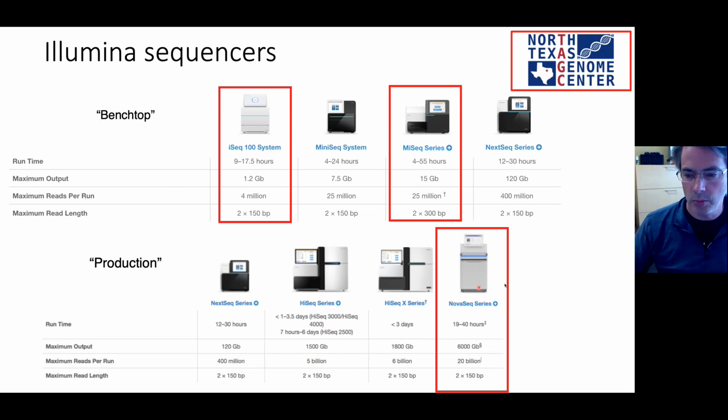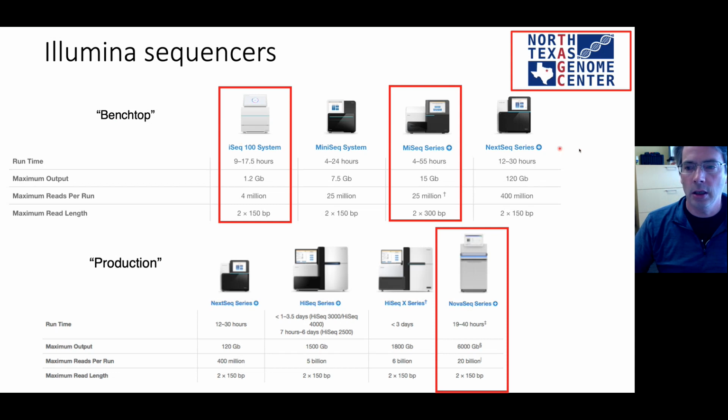So the North Texas Genome Center has a NovaSeq. We may also have some HiSeqs, I don't remember. There are a couple MiSeqs on campus, one in the Life Science Core facility and one in the Genome Center, and then there's also an iSeq in the Genome Center.